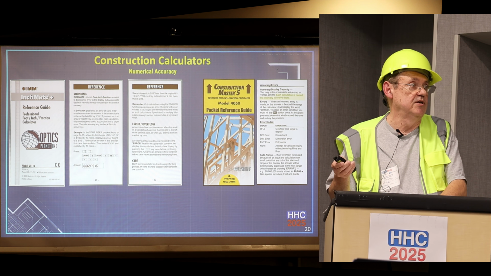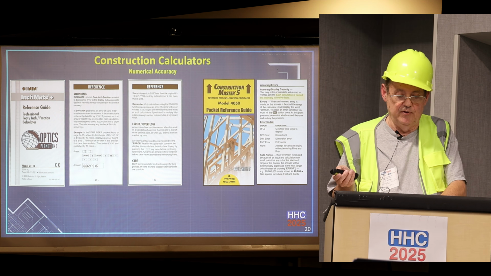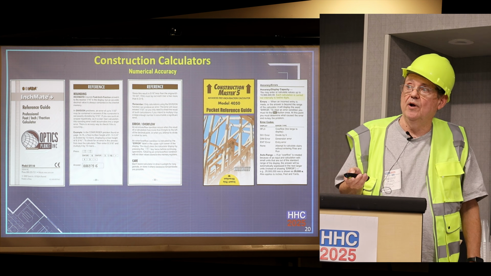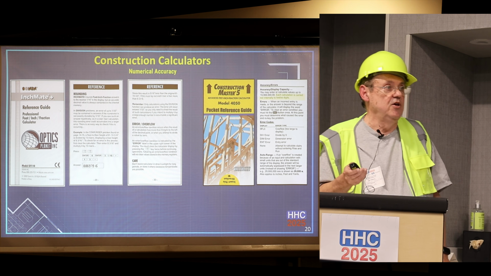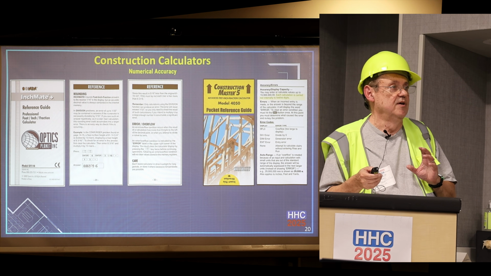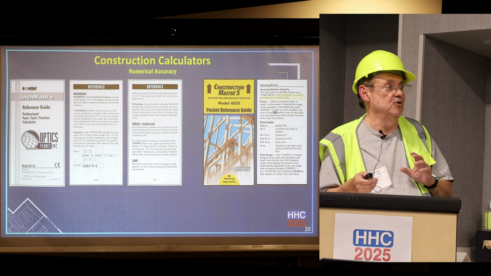Or you can actually turn the display on to just stay in decimal feet all the time. On the other side, it talks about, again, what I had mentioned earlier, what things you have to do in order to adjust the numbers depending upon the math that you're doing on it.